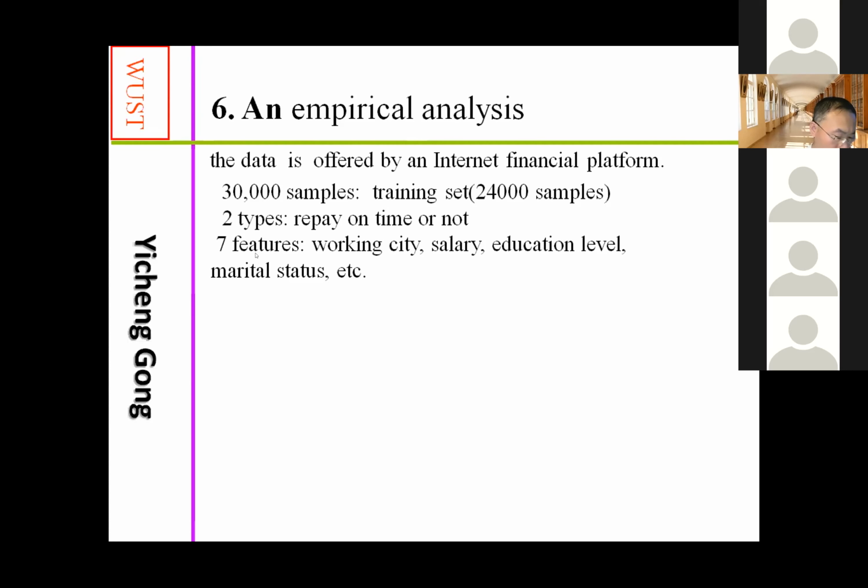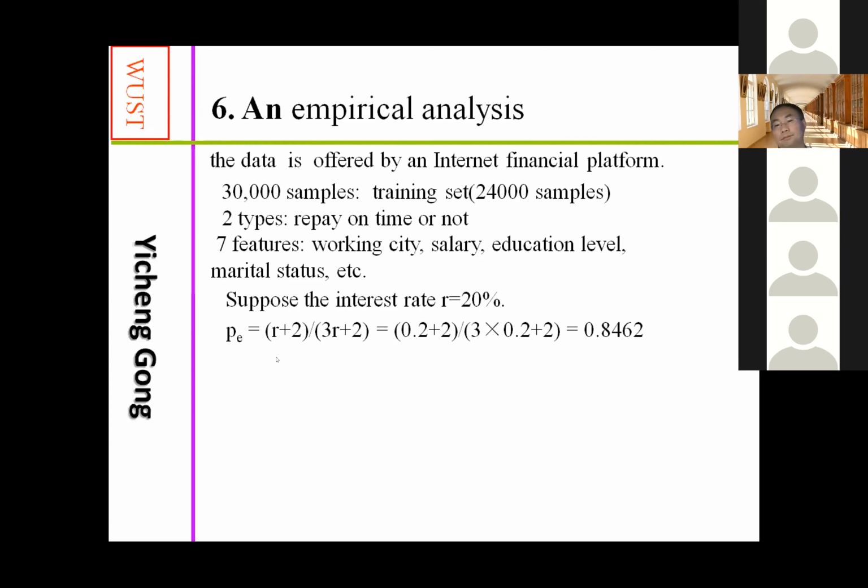Every sample includes 7 features: working city, salary, education level, marital status, etc. We suppose the interest rate R equals 20%. Then we can compute PE, the probability of equilibrium, which is 0.8462. And on the training set, an XGBoost model is learned.